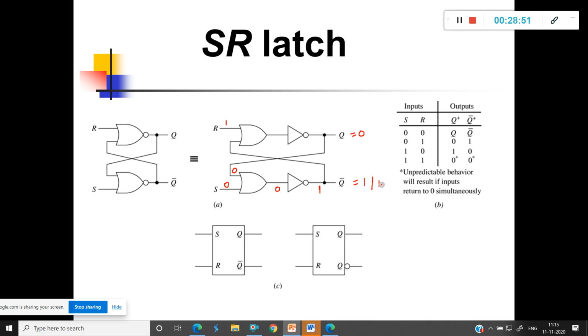So Q bar will be 1. 1 is applied here again. 1 or 1, I will get 1. Here I am getting 0. So again I will get 0. So here Q is 0, Q bar is 1. You can see Q is 0, Q bar is 1. Q is 0 means it is in the reset state, when I apply S is 0, R is 1.